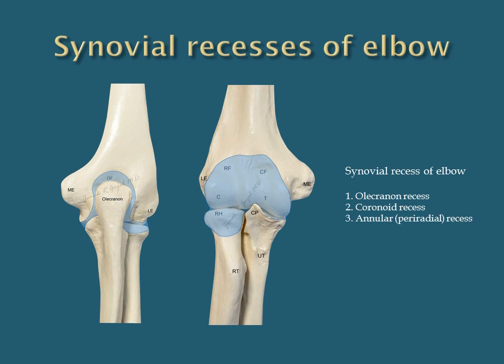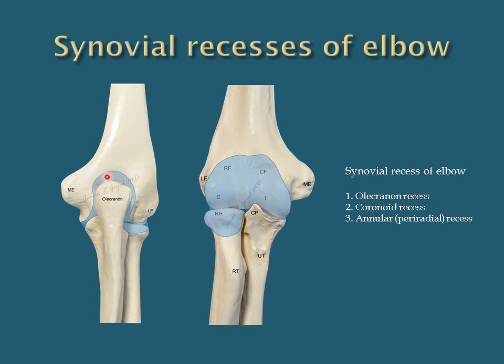The other important structure you want to identify both on the anterior and the posterior view of the elbow are the synovial recesses. The synovial recesses are created by folding of the synovial membrane between radius and ulna, which creates three recesses. On a posterior view, you see the olecranon recess, which occupies the olecranon fossa.